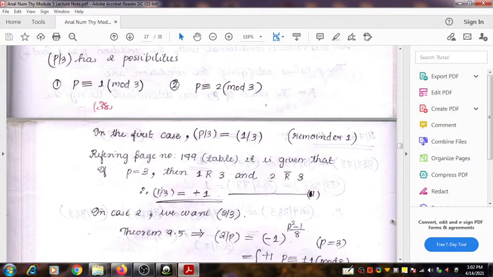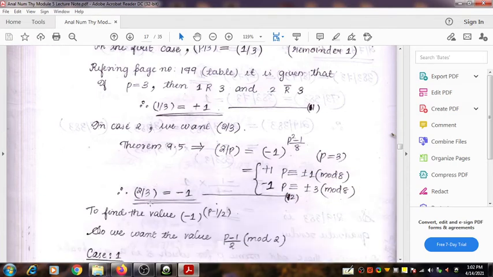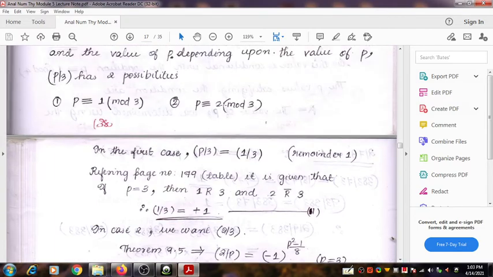For obtaining (1/3) equal to plus 1, which is finally equal to (P/3), (P/3) equals (1/3), but (1/3) equals plus 1 only when P is congruent to 1 mod 3. And the other case, in the second situation, we get minus 1 if P is congruent to 2 mod 3. So this is the case you have to consider.